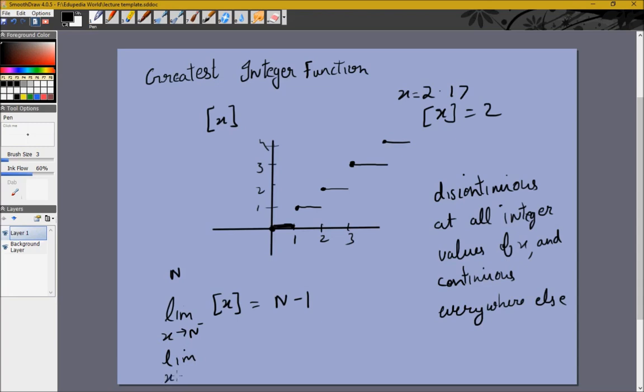But as limit x goes to n plus, the first one was 6.99999, if x is 7, that would give me 6. The second one is 7.001, if x is 7, so this will give me 7, which gives me n. So even from here we can see that at all integer values of x, the greatest integer function is not continuous.